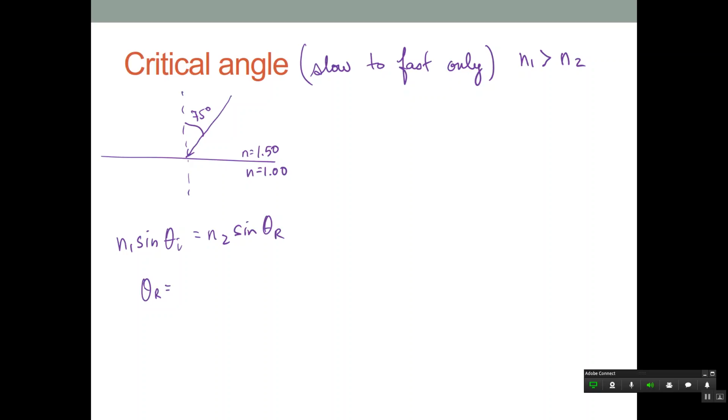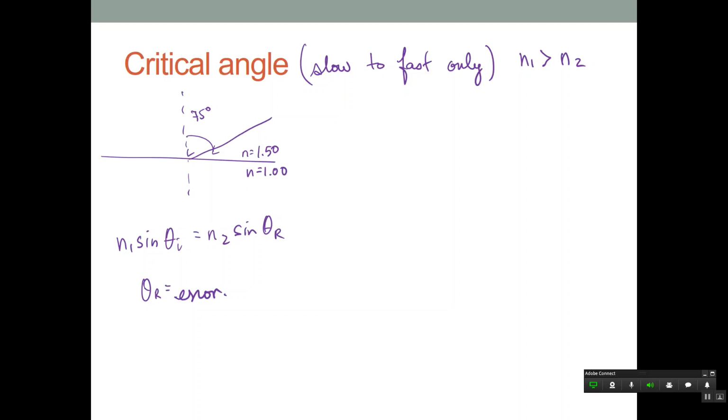Can I get an answer for me? What does your calculator say when you try to do it? Yeah, it says error, right? And that makes sense. Mathematically, it doesn't make sense. I won't get into the math, but essentially, think of it this way: if I'm shining a light in this direction, right, and it's supposed to be an angle that's greater than 75, already my angle is actually pretty great, and I didn't draw it correctly. 75 would kind of look like this, right?